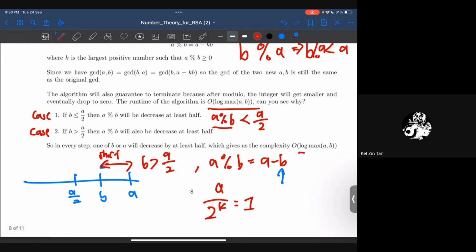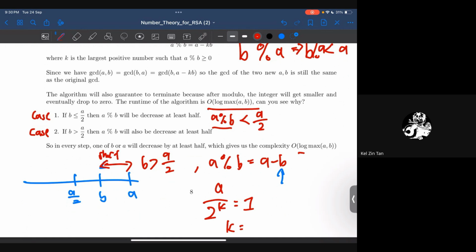So this K here is basically log of A. Because we are not sure whether A or B is larger, we take the maximum. So the final complexity that we get is log of the maximum of A and B. Okay, any questions?